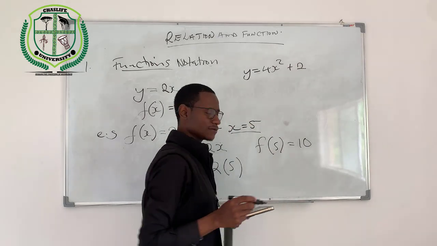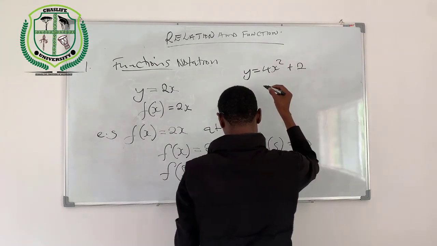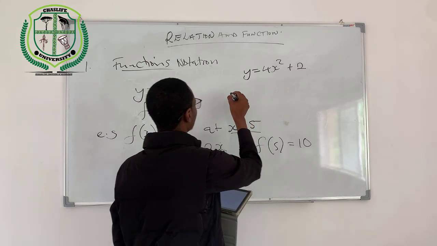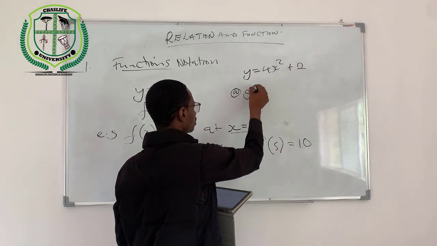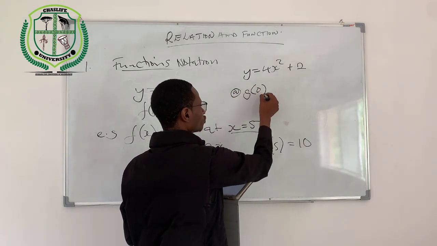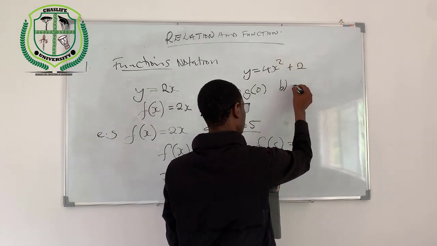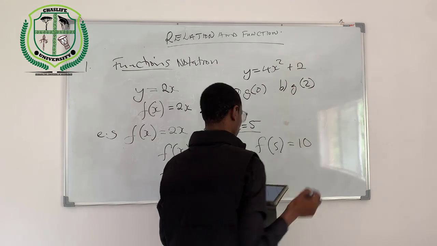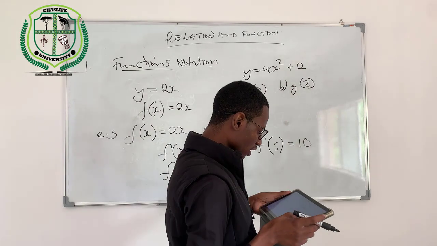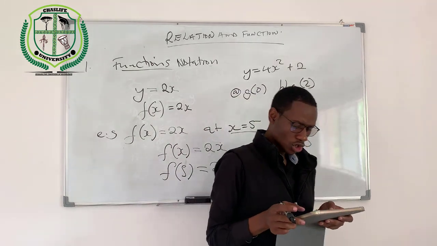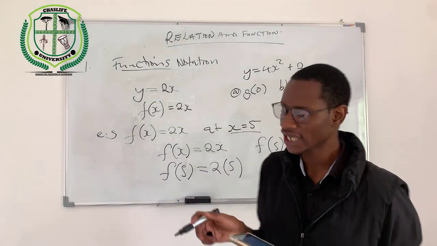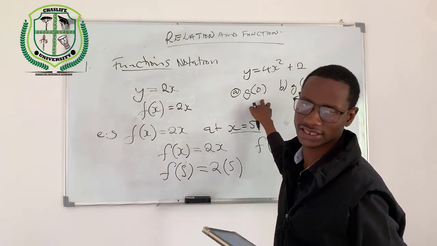Okay, this function at, for a, we say x is equal to 0. For b, you can say x is equal to 2. Okay? So you shouldn't be confused because we've changed the letter for x.